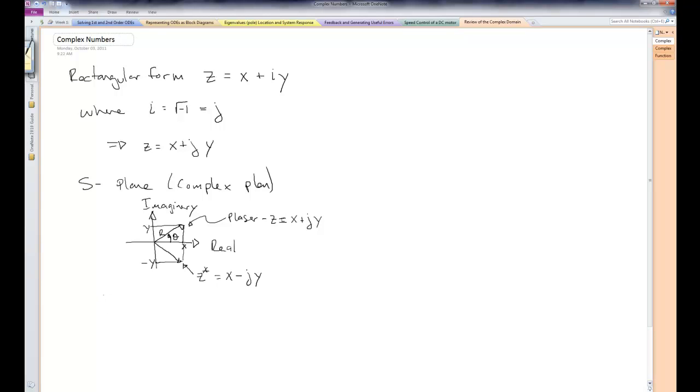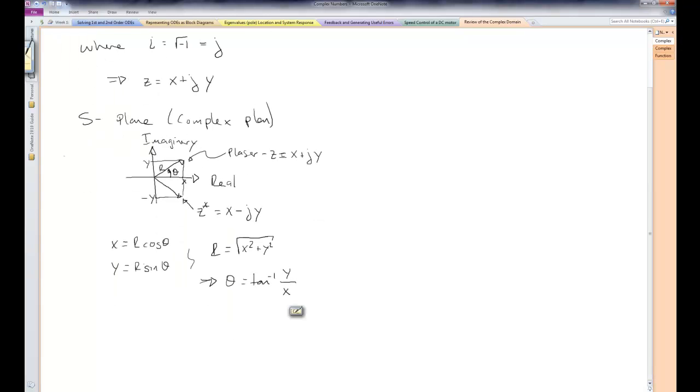In this case, x is just the distance r times the cosine of theta, and y is r times the sine of theta, where r is, using the standard Pythagorean theorem, the square root of x squared plus y squared. And using this relationship, theta is just the inverse tangent of y over x.